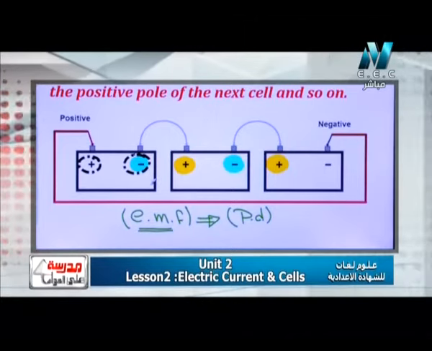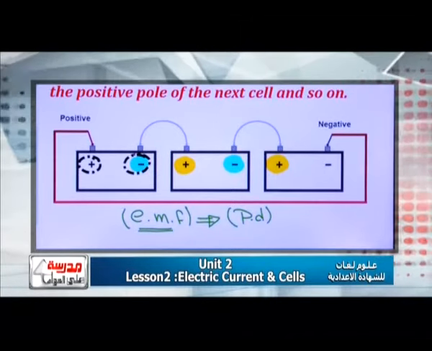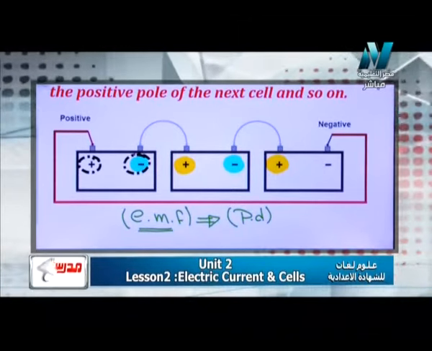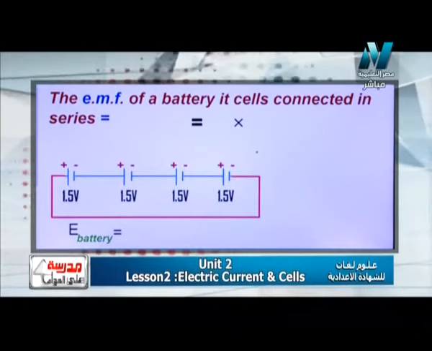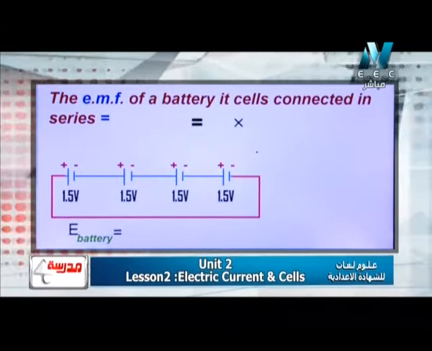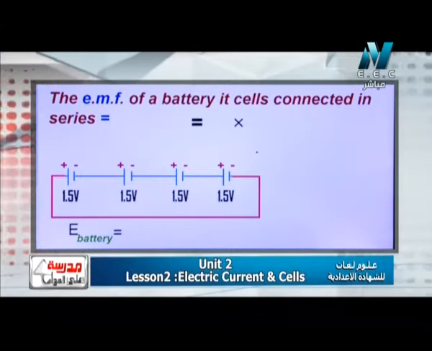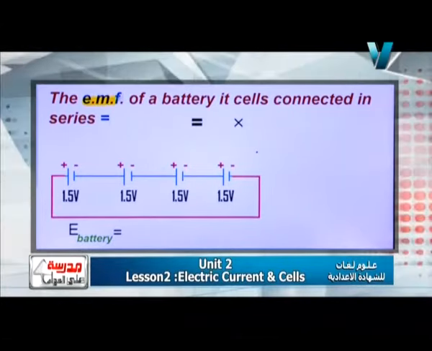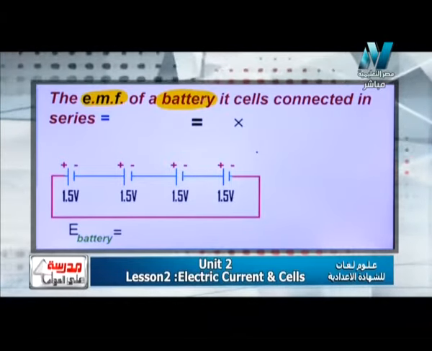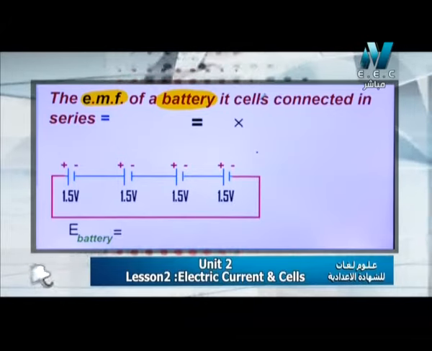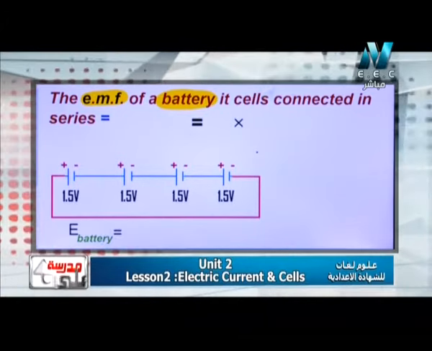So in the series connection, how can we calculate the electromotive force of the battery? If someone asks what a battery means, I say all electric cells connected in series.